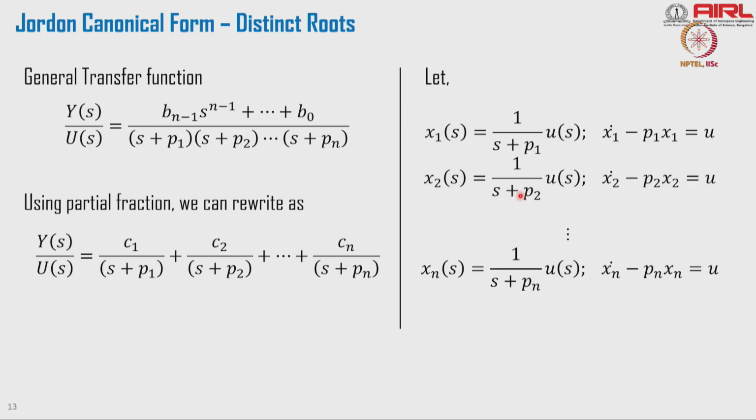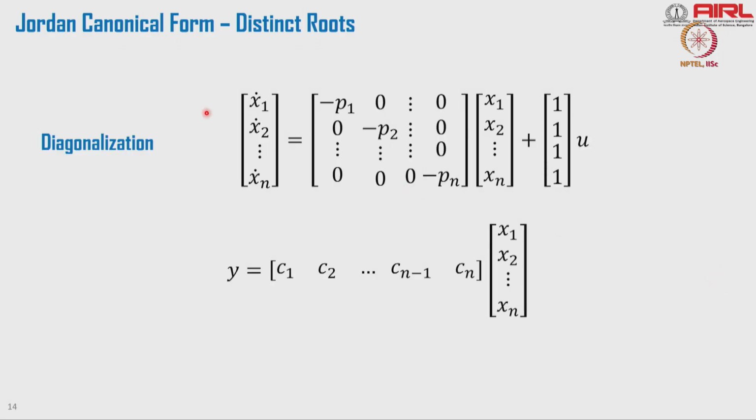I cross multiply and take an inverse Laplace transform, and you get x2 dot minus P2 x2 equal to U. Similarly, xn of s is 1 by S plus Pn into U of s. You cross multiply the term and take an inverse Laplace transform, you get xn dot minus Pn xn equal to U, right? Now, what is the diagonalization or diagonal representation of this?